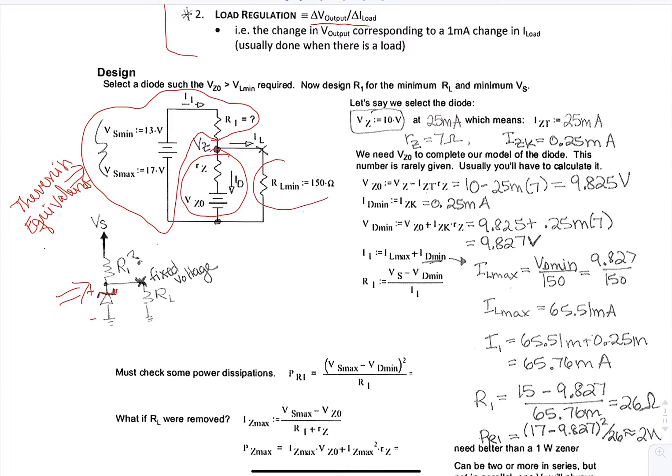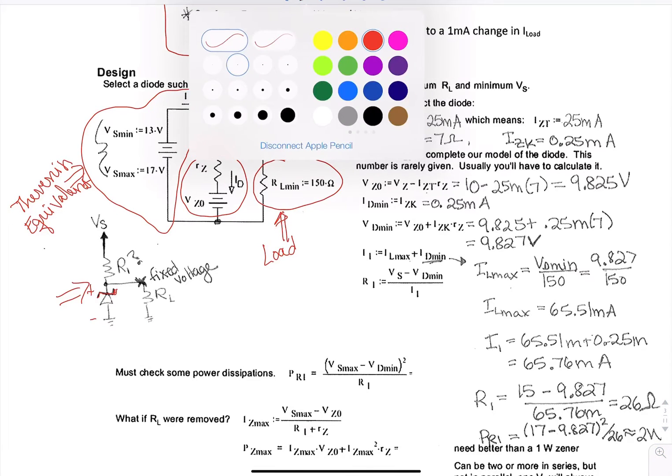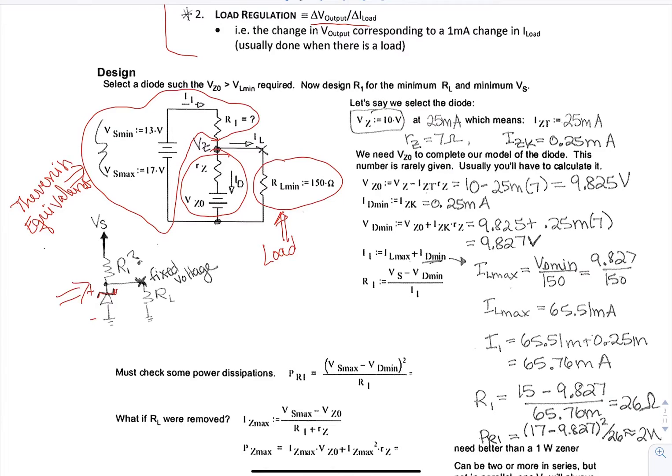The RL is going to be your load, and for any simulation that you do, it is going to be a model of your load. So, for example, if you know that you have current that is drawn at 100 milliamps, and you know you want to keep it at, say, 5 volts, so you know you want a specific output.